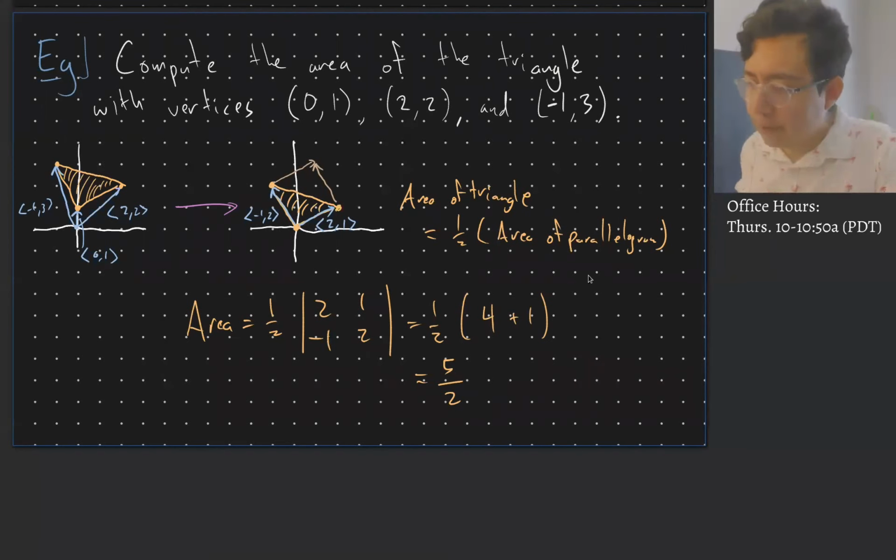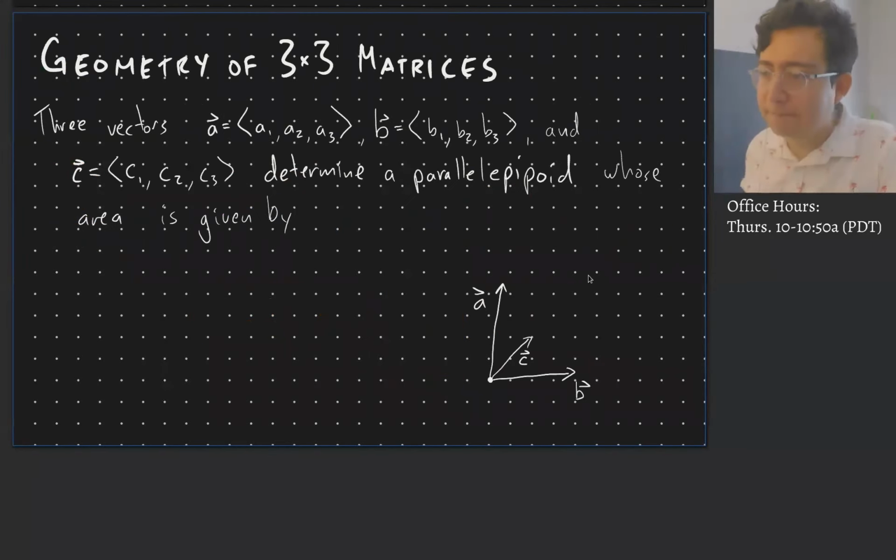Cool. Let's move on. So we're going to do something similar with 3x3 matrices. But you might be thinking, okay, in 3 dimensions, there are no parallelograms, but there are these objects called, to use a new vocab word, parallelepipeds. Sorry.